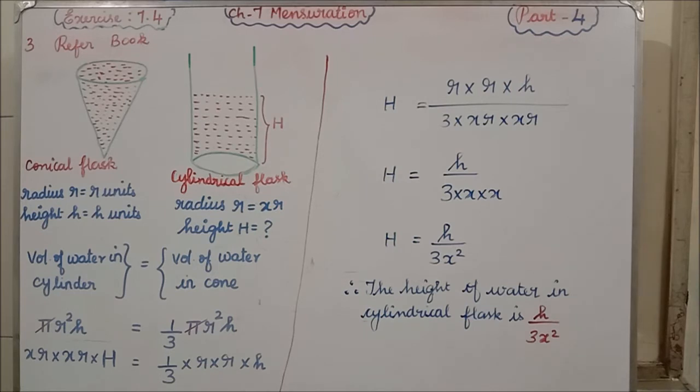So I cancel that r, isn't it? See students, I have cancelled, and what is left in the numerator? Small h divided by 3 into x, which is what? 3x square. Clear? Therefore, the height of water in the cylindrical flask is h divided by 3x square, is the answer. Clear students, all of you, the third question?